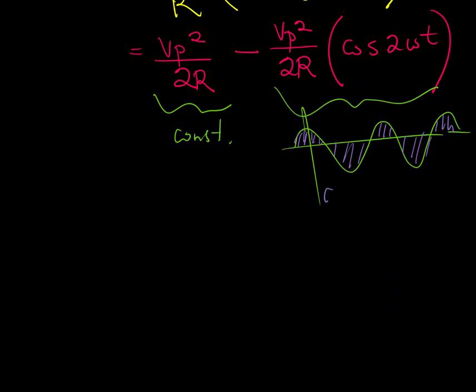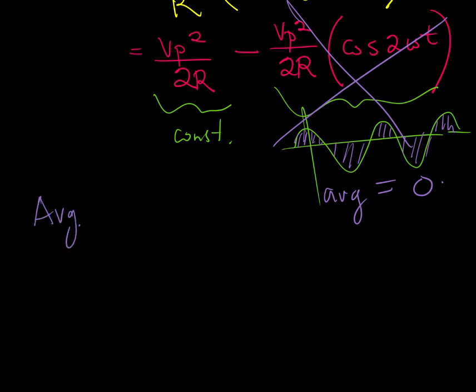That term disappears entirely when we're talking about average AC power. So our average AC power is just going to be V peak squared over 2R.